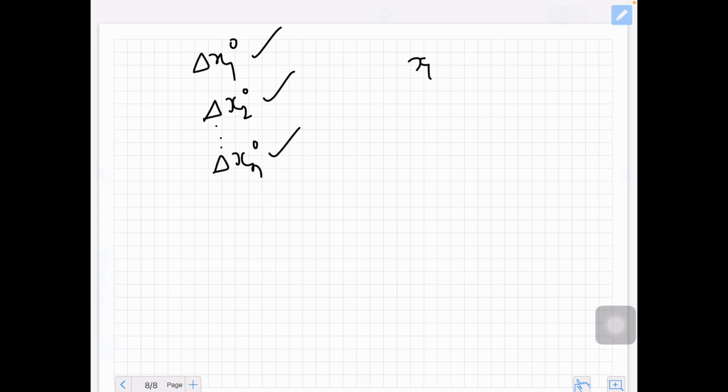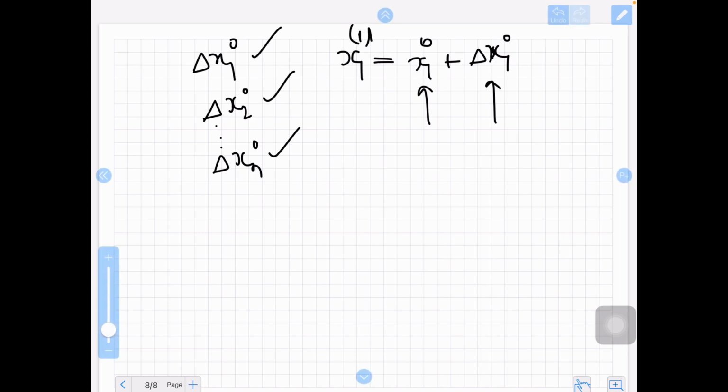So for the initial solution, for example, if you take an unknown variable x1, the initial solution we assumed is x1 naught, and it requires the correction for this x1, which is delta x1 naught. See, initial solution is assumed and corrections we found, and by adding these two, the first iterated value of x1 you can find.